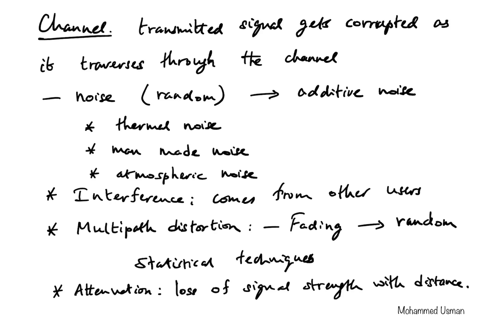Let us now look at the third general component of the communication system, which is the receiver. Just as we do modulation on the transmitter side, the important task of the receiver is to demodulate the signal.